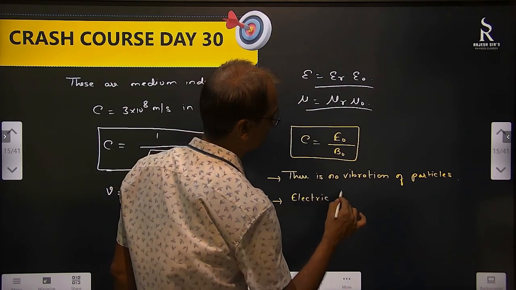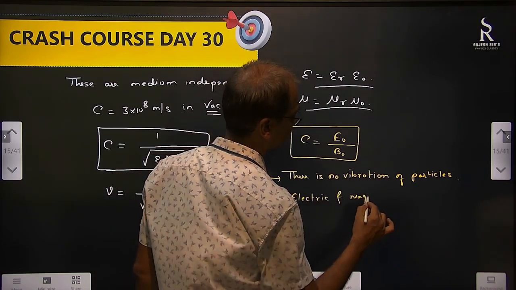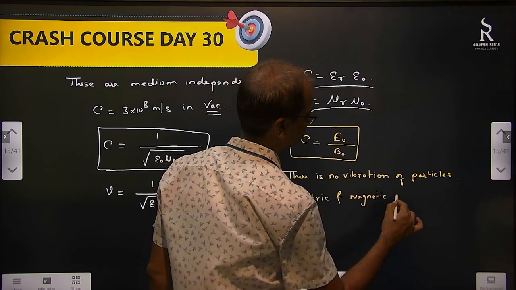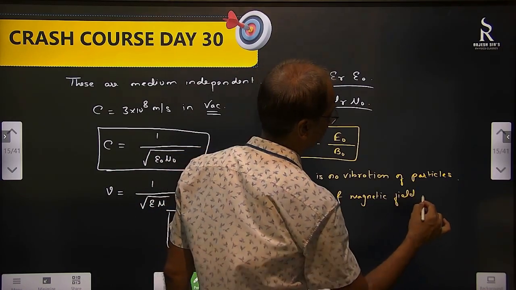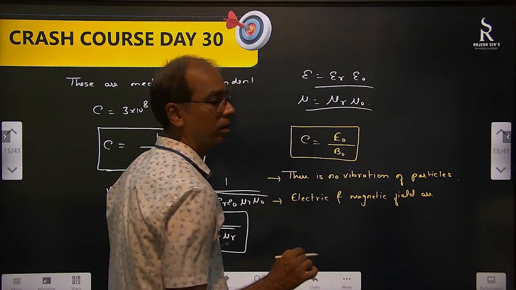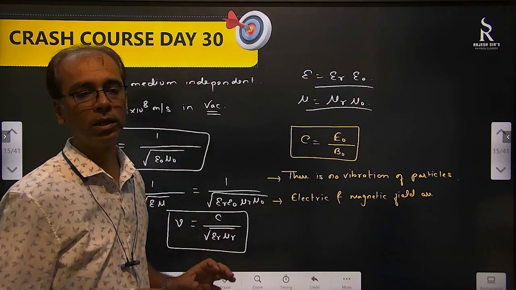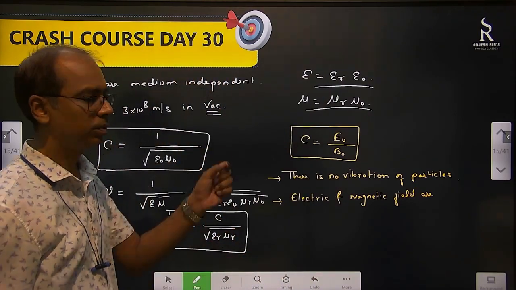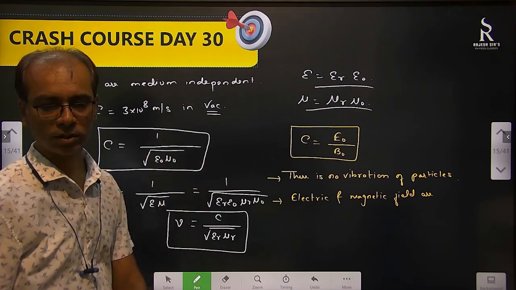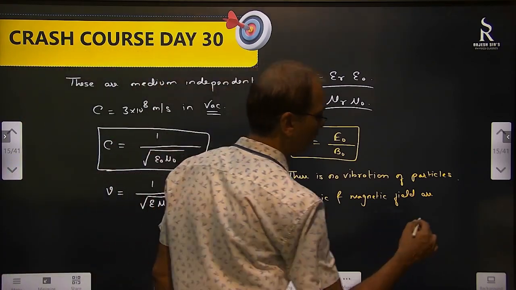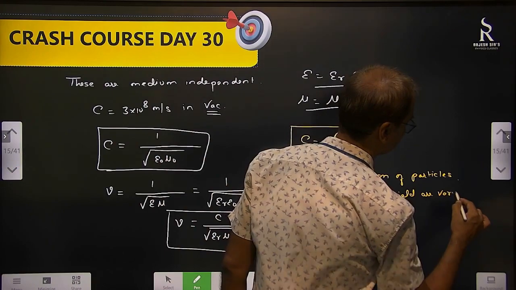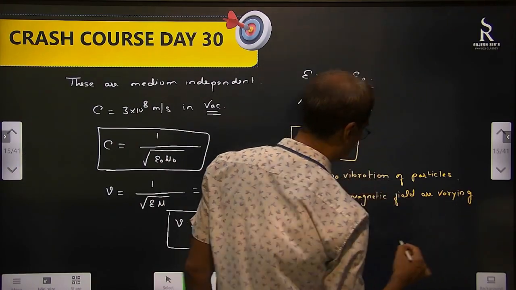Electric and magnetic fields are vibrating. They are changing periodically, sinusoidally. That means we can represent them with the sine function or cos function.